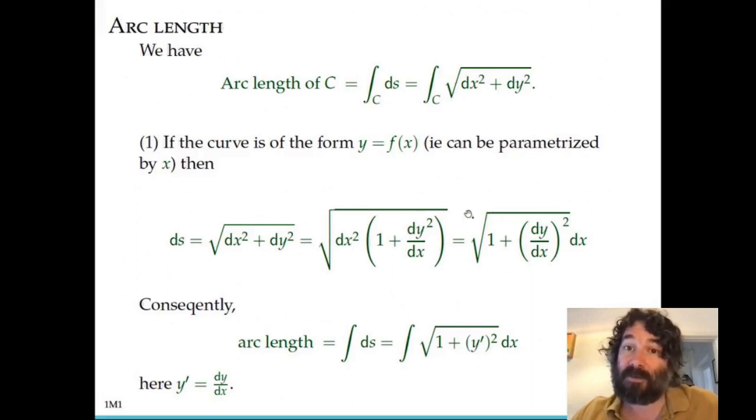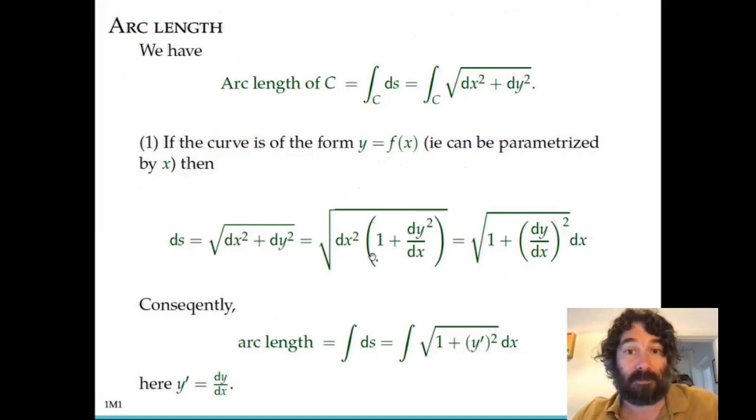So you need to parameterize the curve. Let's first suppose we can parameterize by x, the x coordinate, as in some of the examples we looked at in the previous video. If the curve has the form y equals some function of x, then dx will just remain as dx. That will be the parameter that we use. And then dy, as in the previous video, is dy/dx times dx.